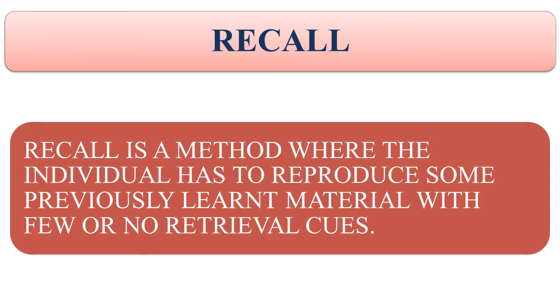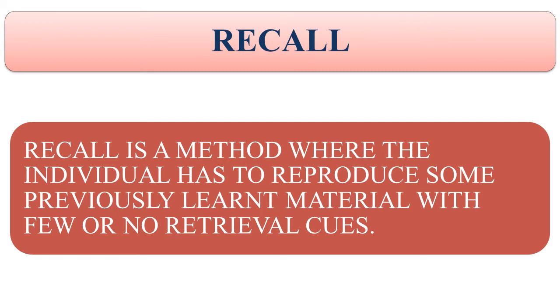Coming to the second type of recall, serial recall. Here material is recalled in the exact order in which it was presented. If you watch a dance show and you are asked who performed first and who was second and so on, your answer will be in serial order.